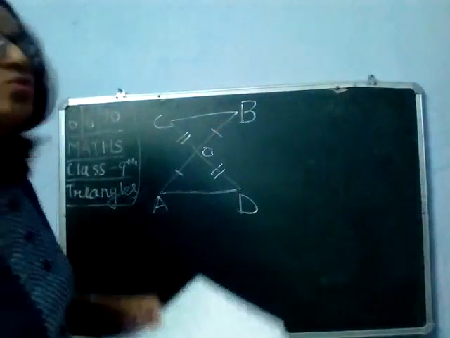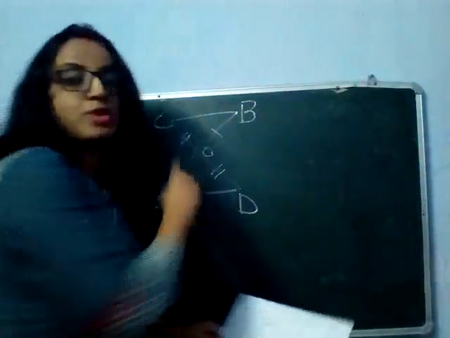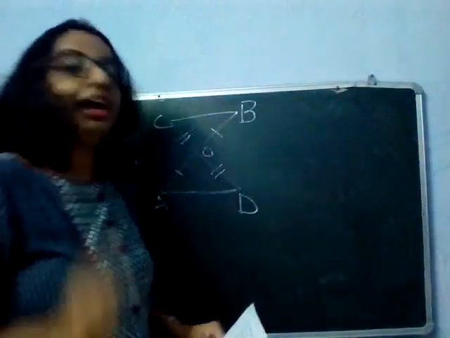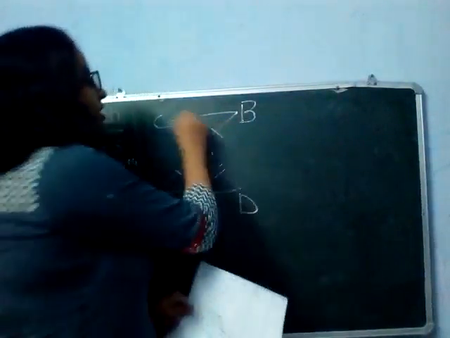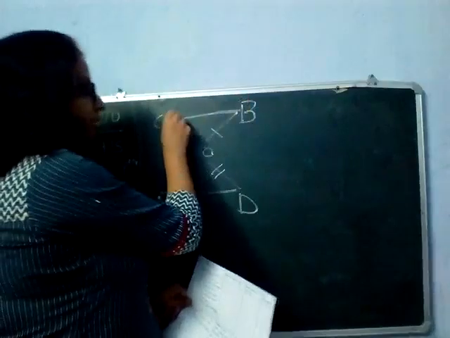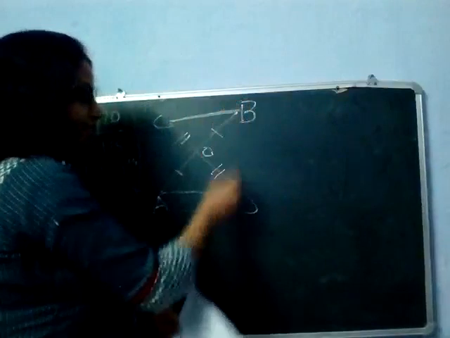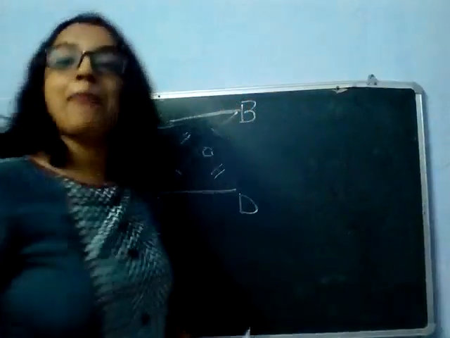We have to show that these two triangles are congruent, and also we need to prove that line BC and line AD are parallel.